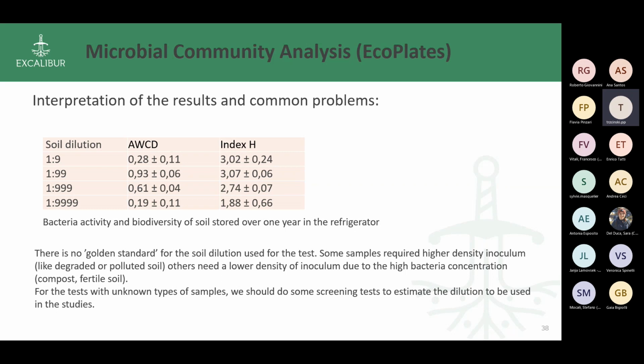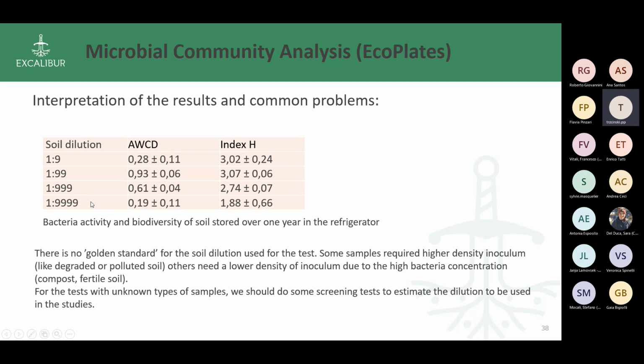Yes, for example, we work with the water from the aquaponics, and for the water in aquaponic system, we use dilution of 1 to 100. But for the soil, it's 1 to 10, 1 to 1000.